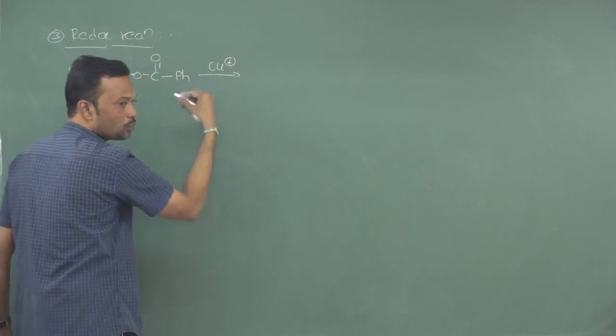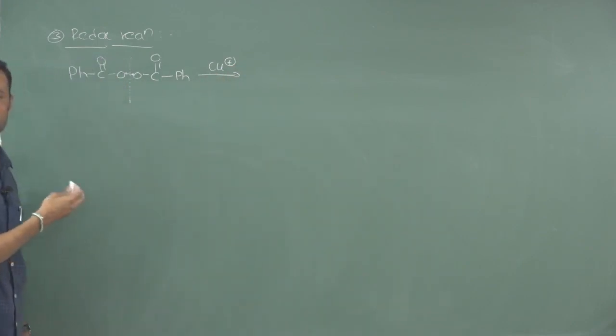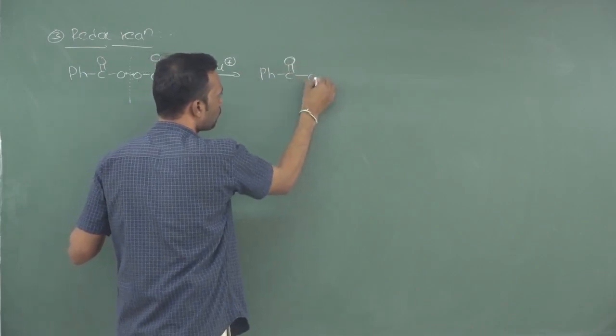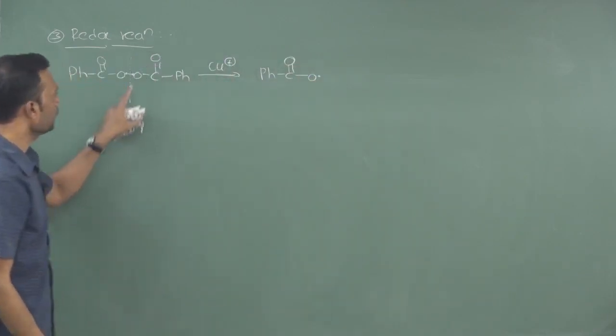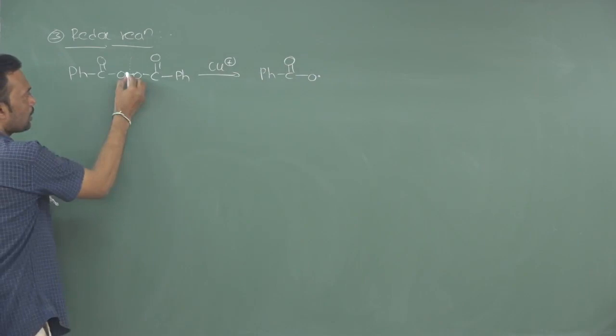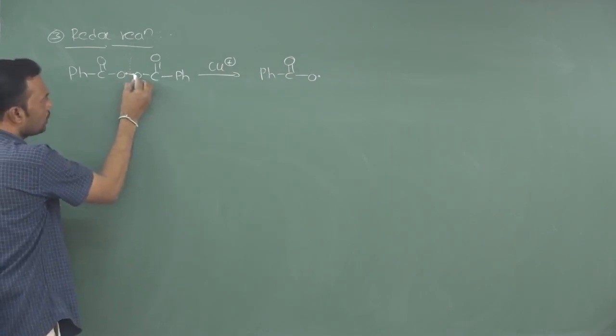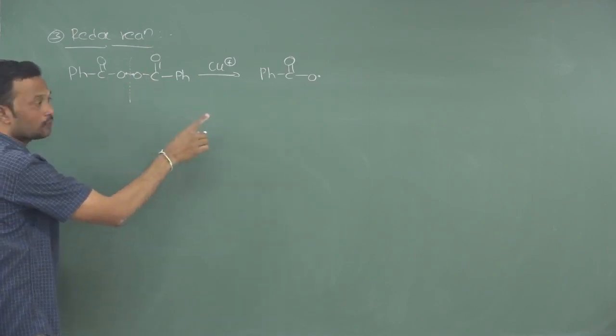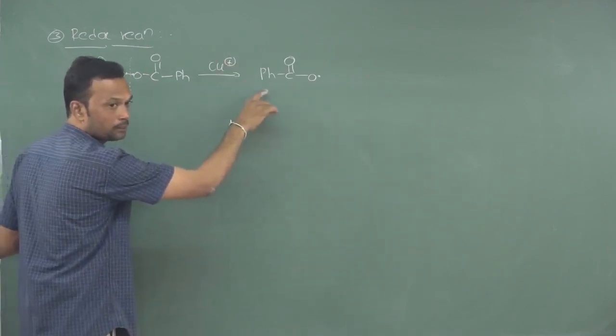When copper plus one donates one electron, how does copper become? See, this is C double bond O, and here this is an O radical. When you break this bond, here already one electron is present on oxygen, and here one more electron is present on oxygen. Either of these oxygen radicals will take one electron from copper.